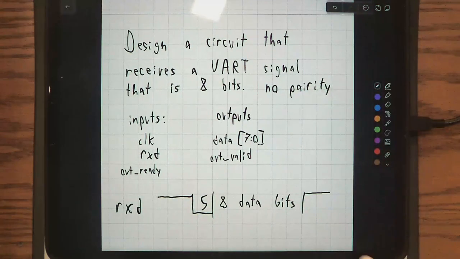Okay. Starting out this question, what is probably the first reaction you should have? What is the first step in doing this? Maybe the start bit? Start bit, okay. When designing the circuit, what's the first thing we put down?